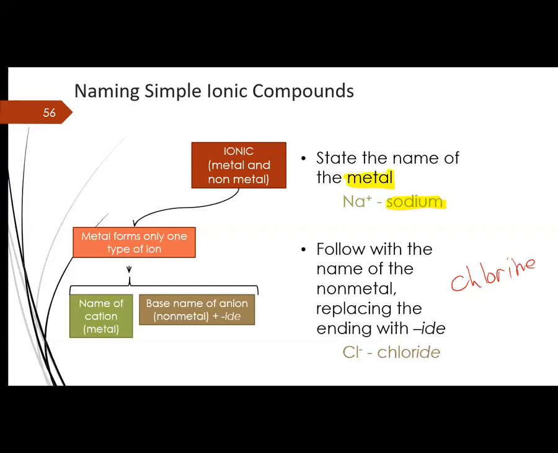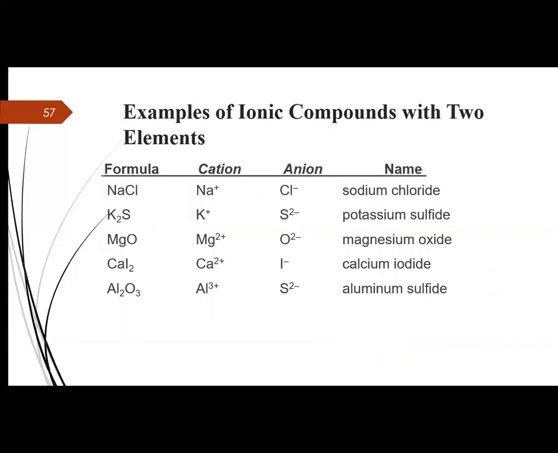And so we're going to change the ending of chlorine to chloride. And the reason why we do that is to show that now it's part of that bond. If we just said sodium chlorine, that doesn't imply that they're together. But if we call it sodium chloride, then we know that those are connected. And so that's how we first start going through our naming process.